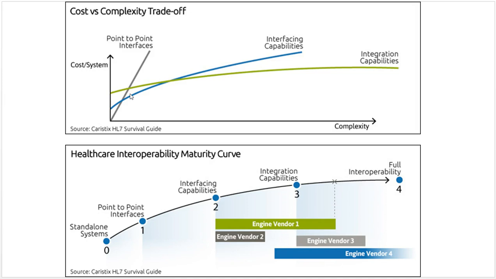Epic still uses an interface platform called Bridges to move the data between those modules, but it's not going outside the Epic system. That's an integration solution, and it has a high startup cost, but it stays relatively flat in terms of cost. You can see point-to-point and interfacing quickly exceed the cost of an integration. It stays pretty flat, and it does get quite complex.